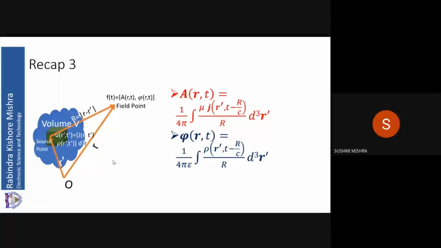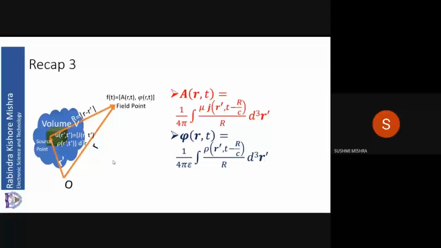For that we explained it in this manner, that suppose our source is at some point r dash. Throughout this lecture and throughout our course of study, till we complete this course, we will assume that the source is at a point r dash, and the source creates a disturbance, or the source is the cause of radiation.